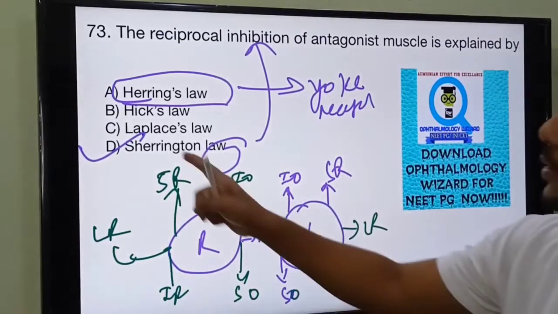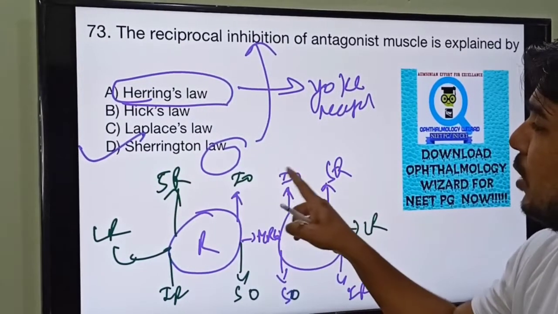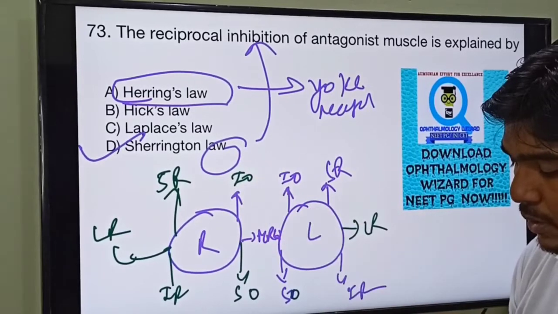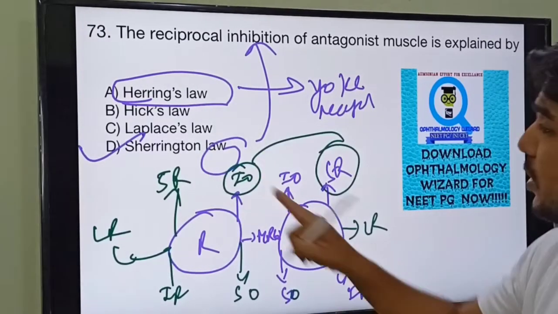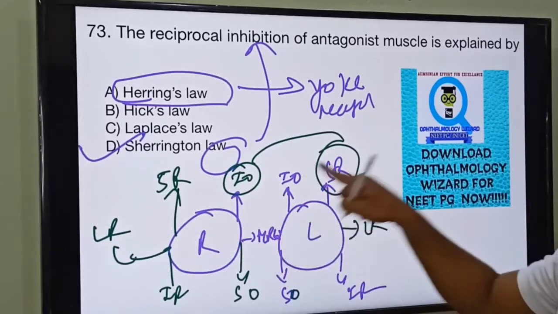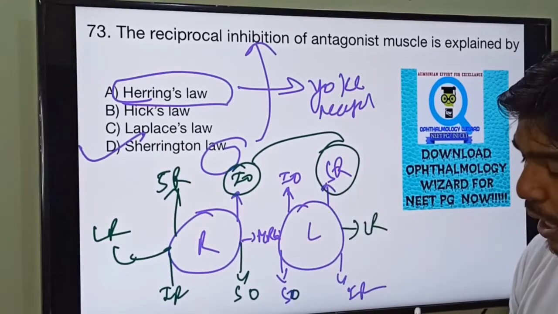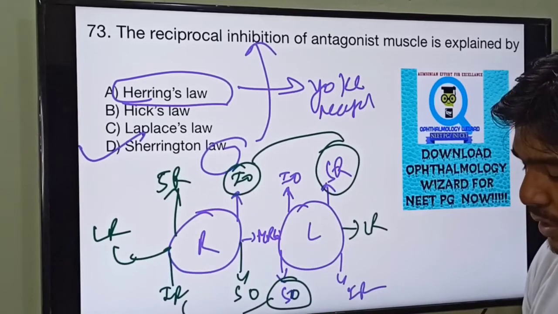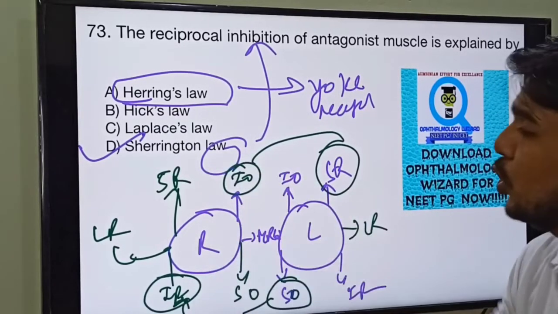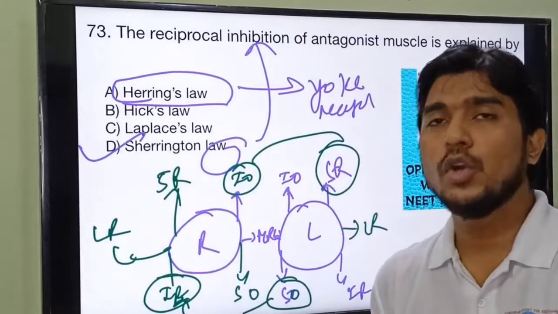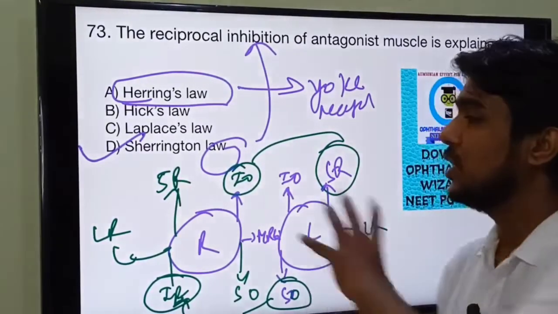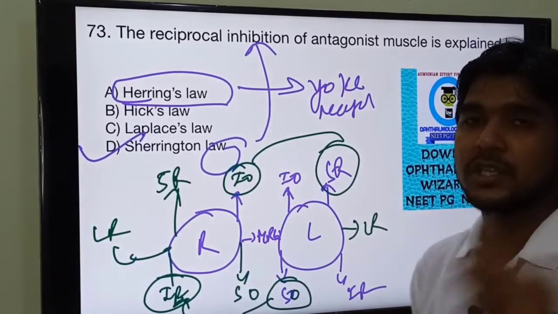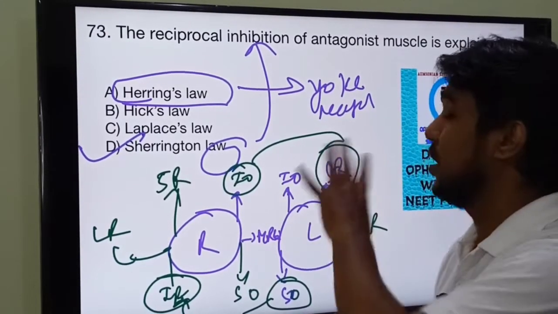So remember, this one is yoke muscle of this one, IO of right is yoke muscle of SO of left. You can be asked, just remember this photo. If you don't have it, just go to the book or net, just remember this photo. This is very important to understand because yoke muscles can be asked in the examination, remember.